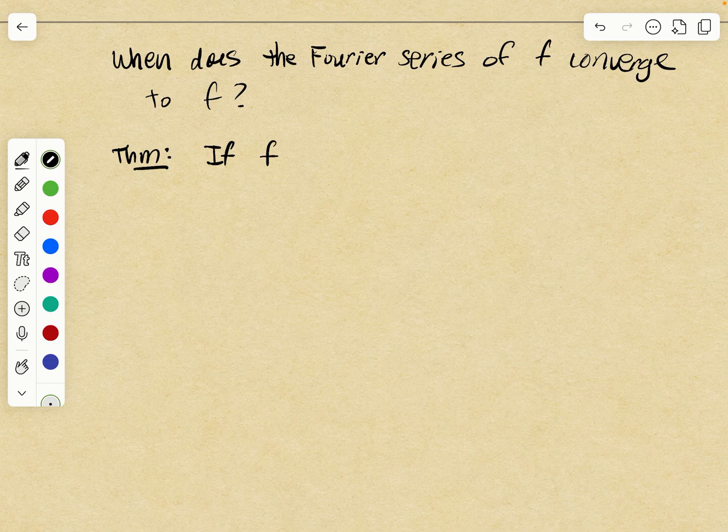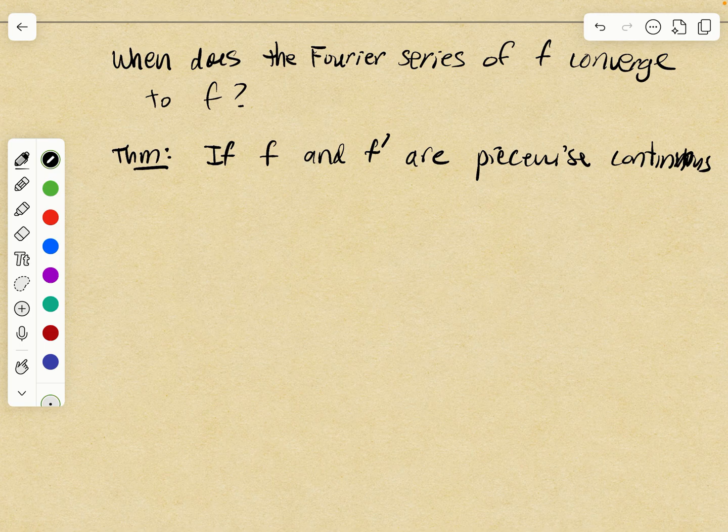If f and its derivative are piecewise continuous, I'm sweeping a lot of things under the rug, but I'm just going to state the theorem and then explain it a little bit.